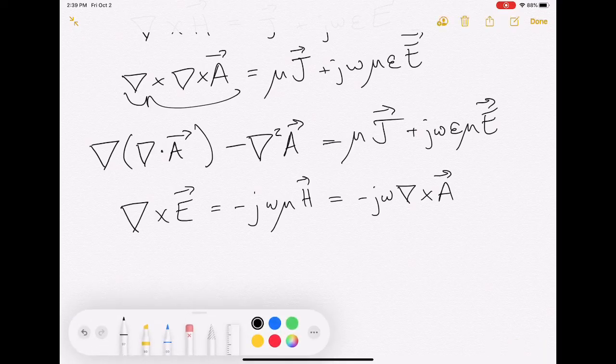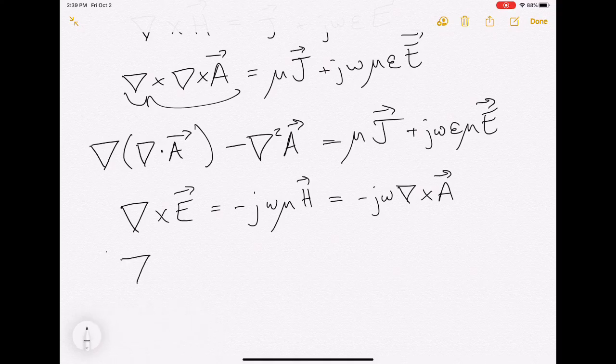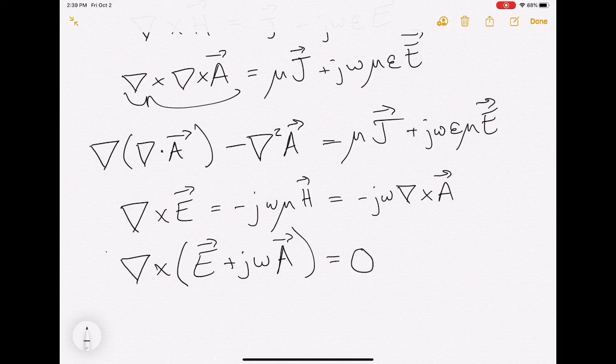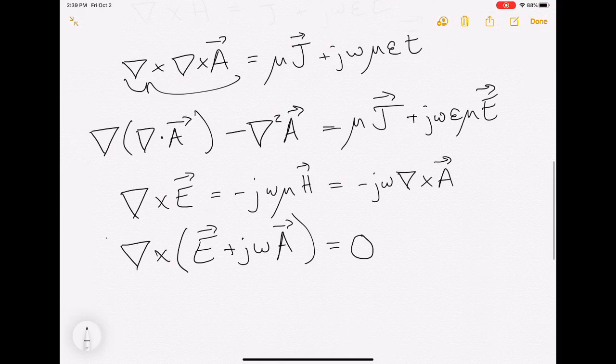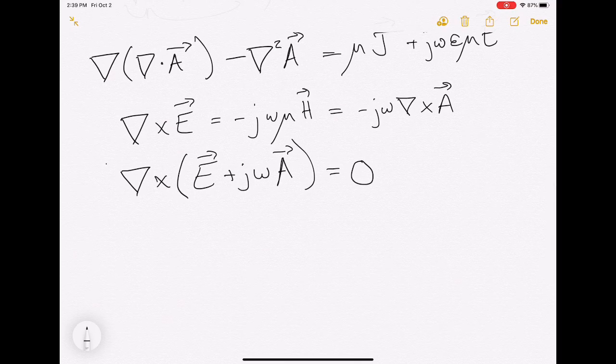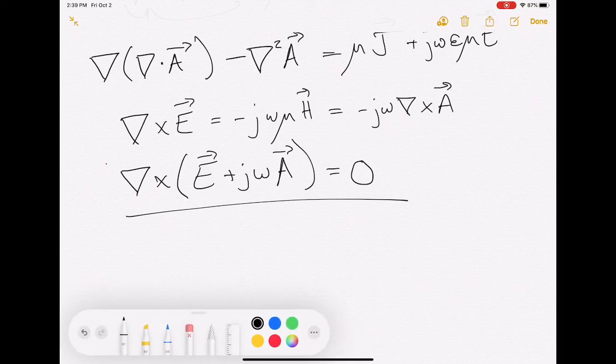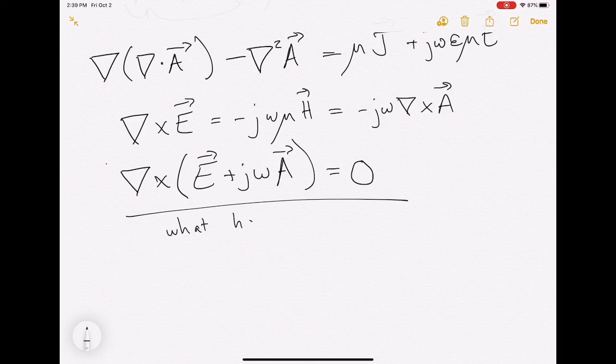If we move both of these terms to the same side, we could write that the curl of E plus j omega A is equal to 0. What sorts of things have 0 curl? A gradient has 0 curl.